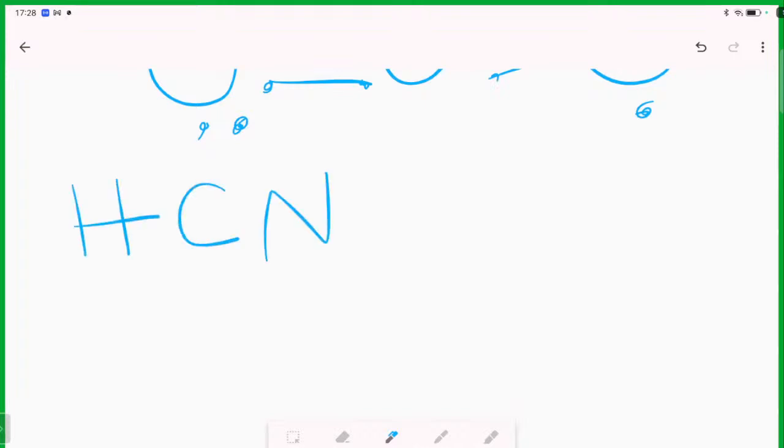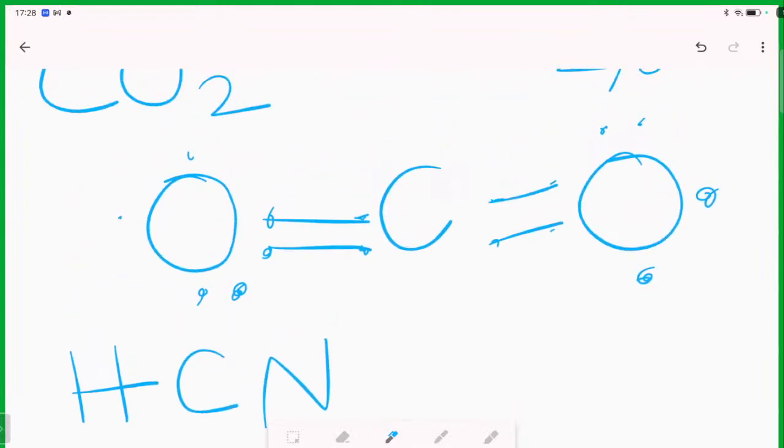HCN is a very prominent molecule, right? So what are the elements in HCN? HCN के पास है there is hydrogen, carbon and nitrogen.